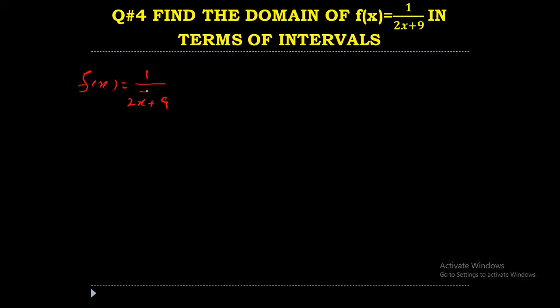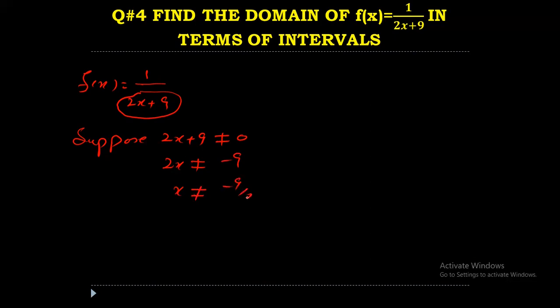We have to suppose this value should not be equal to 0. Suppose 2x plus 9 is not equal to 0. 2x should not be equal to minus 9. x should not be equal to minus 9 over 2.